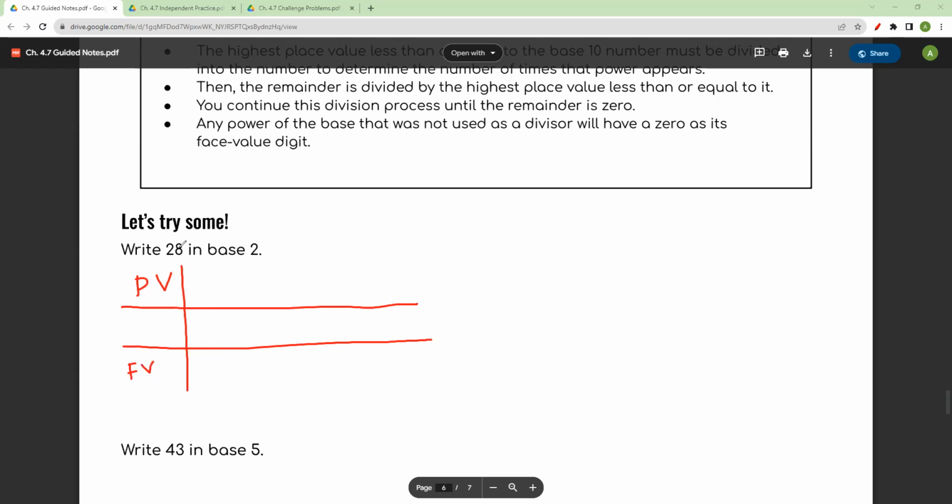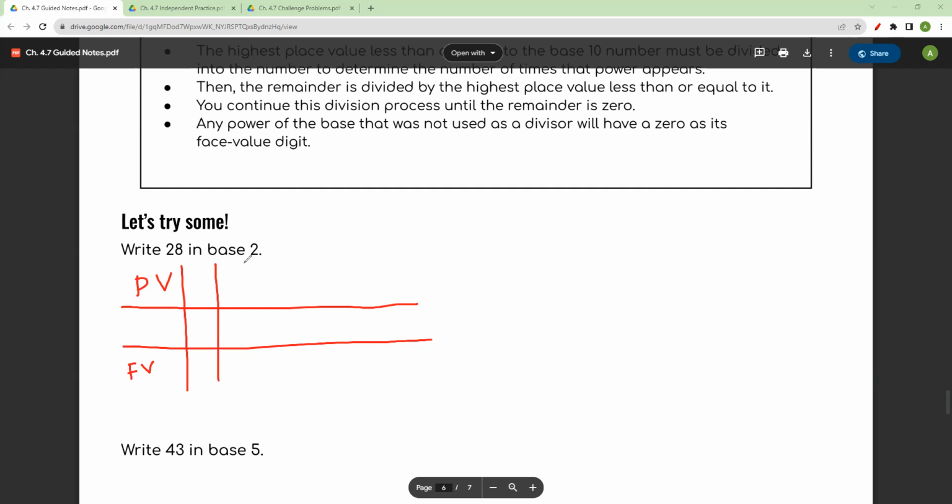In the previous page, we knew how many columns we needed, because with 3, 4 base 5 we knew that we only needed 2 columns, right? In this one, we're not going to be sure until we fill out this row here.